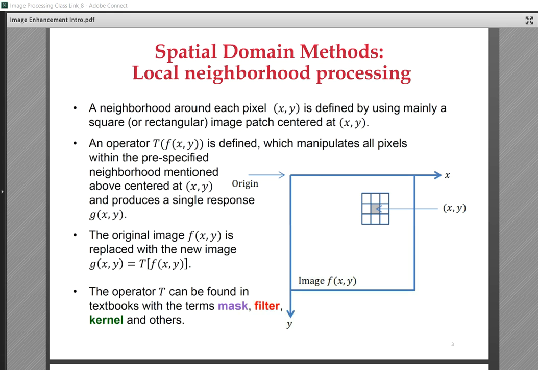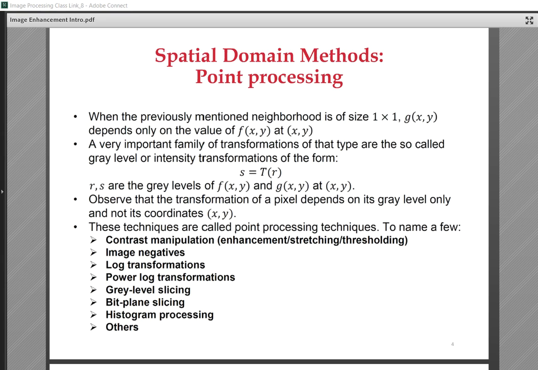This session we are focusing only on the spatial domain. We said, review of spatial domain methods, this session for image enhancement.